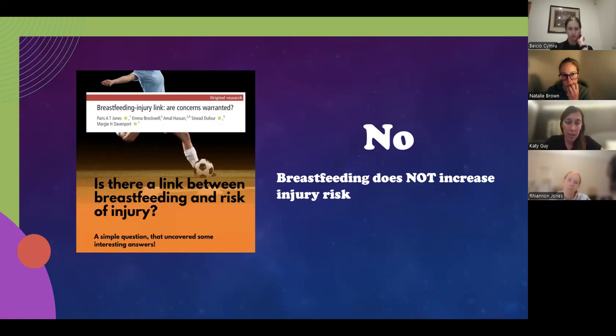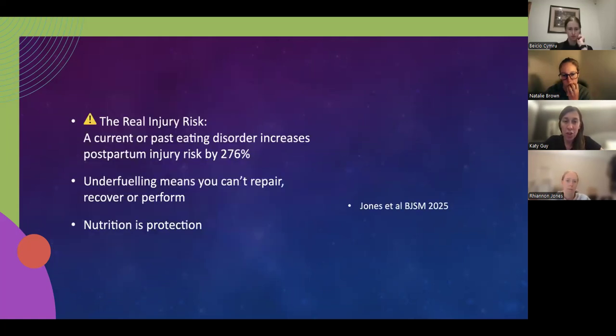It is perfectly safe to do, but what they did find was that the real injury risk postpartum to women was if they had a current or past eating disorder, or they'd had episodes of underfueling, which had resulted in relative energy disorder. And that increased your postpartum injury risk by 276%.